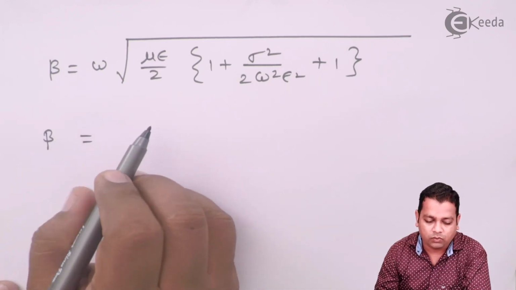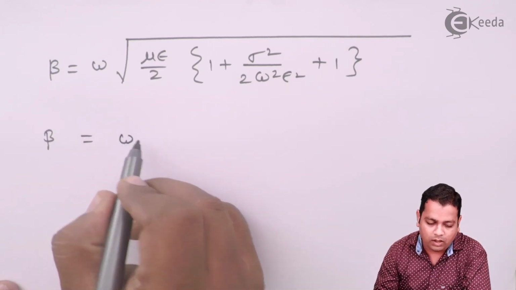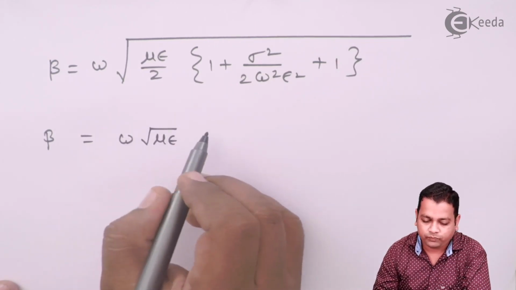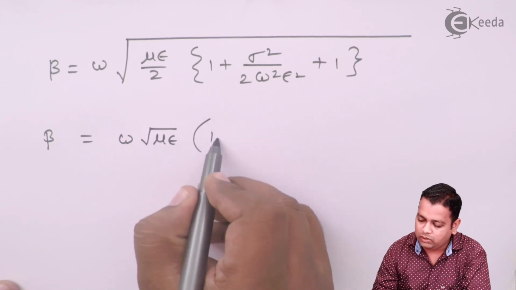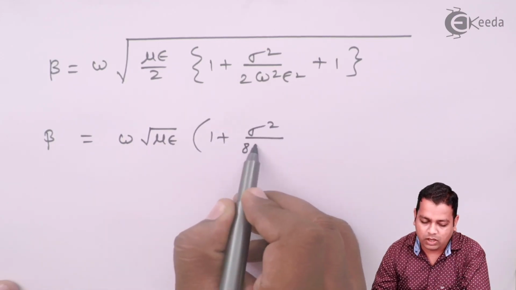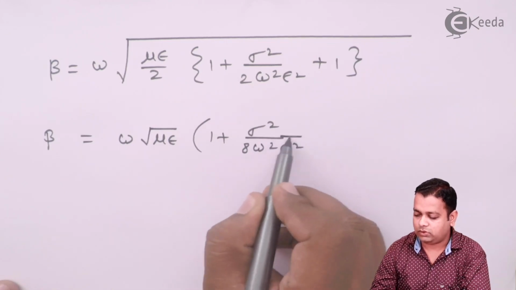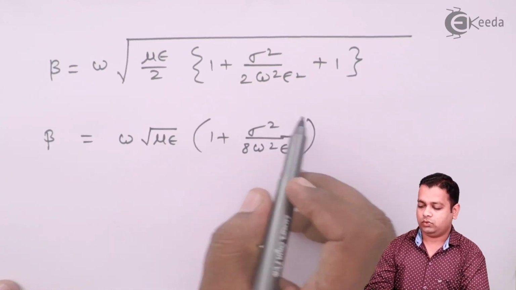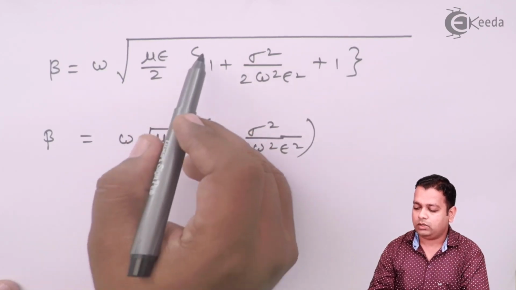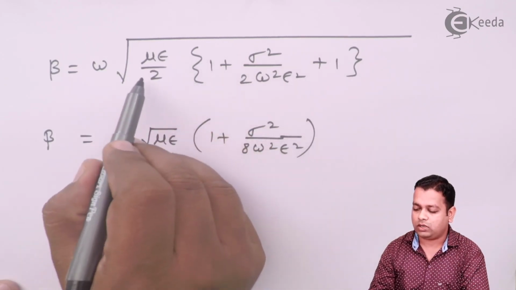So beta will be equal to omega under root mu epsilon, inside the bracket 1 plus sigma square upon 8 times omega square epsilon square. From this bracket we have taken 2 outside as a constant to get it cancelled.